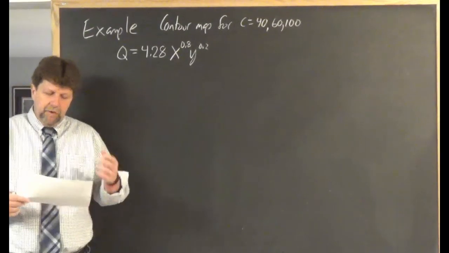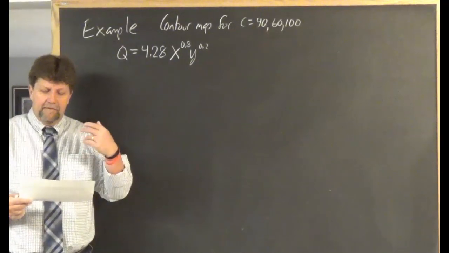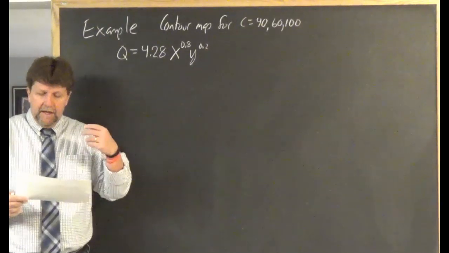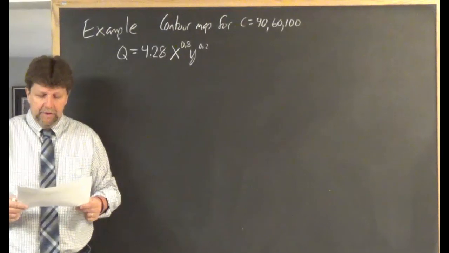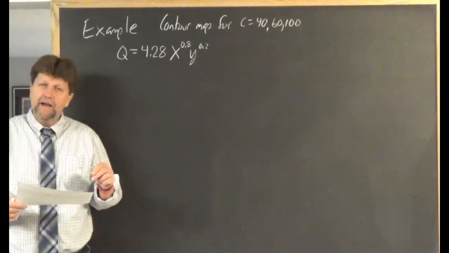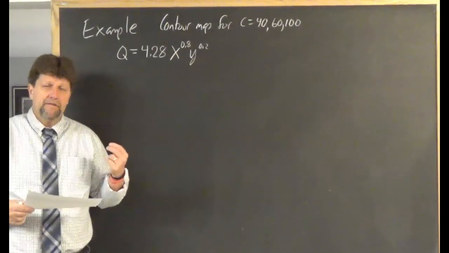Hey folks, in this example, we were still looking at the same production function from the prior example of making the toys. Q's the number of toys, X is labor hours, and Y is the weekly usage of capital investment. We're asked to make a contour map using C values of 40, 60, and 100. Keep in mind those are quantity values.